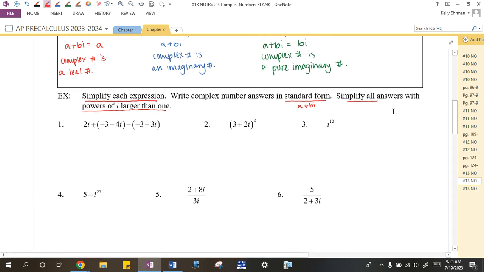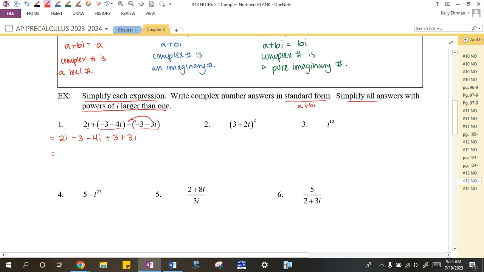So for our first problem, it looks like we've got 3 complex numbers. We're just adding and then subtracting. With the addition, I can just drop these parentheses. Instead of plus -3, I'm going to write -3 minus 4i. I'm going to distribute the negative through the set of parentheses, so +3 plus 3i.